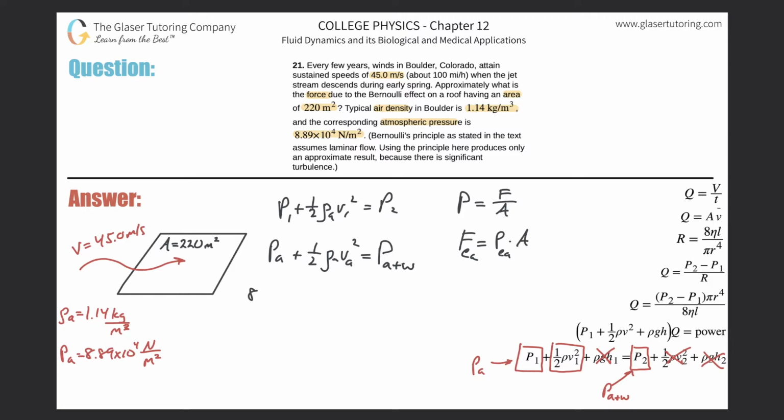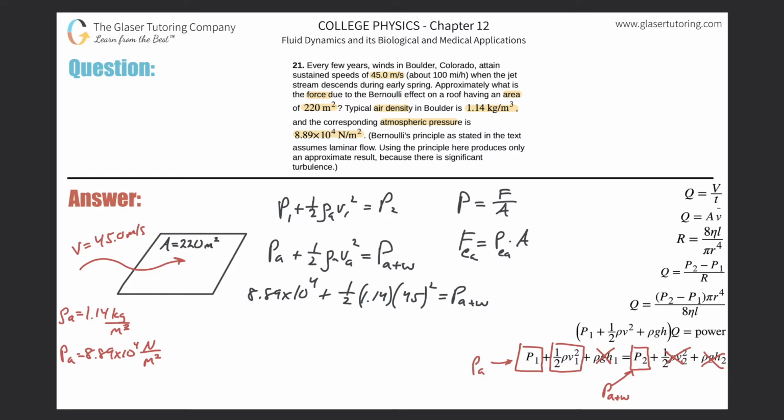So this is now going to be 8.89 times 10 to the 4th plus 1/2 times the density of that air. They told us it was 1.14 times the velocity. They told us it was 45 squared. And that's now going to equal the pressure of the air plus the wind. So let's calculate.